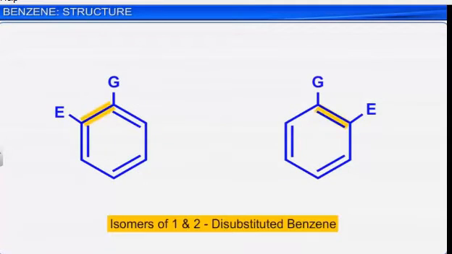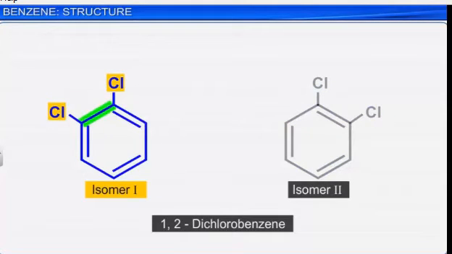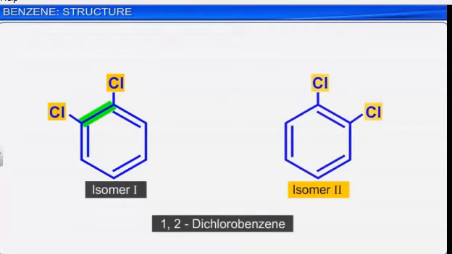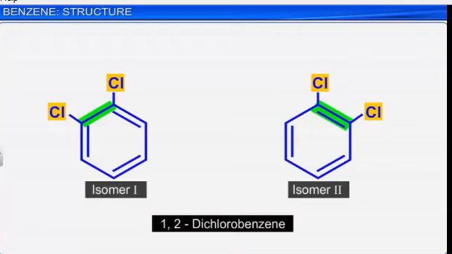For example, as shown here, in isomer 1, the two chlorine atoms are attached to a carbon-carbon single bond, whereas in isomer 2, the two chlorine atoms are attached to a carbon-carbon double bond. Hence, there is a possibility of two isomeric 1,2-dichlorobenzenes. However, experimentally only one 1,2-dichlorobenzene product is obtained.